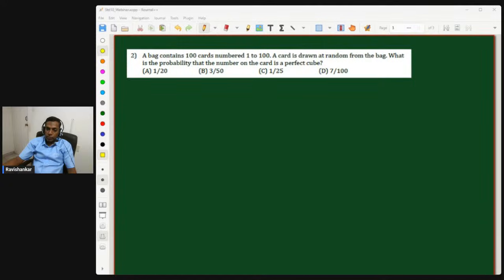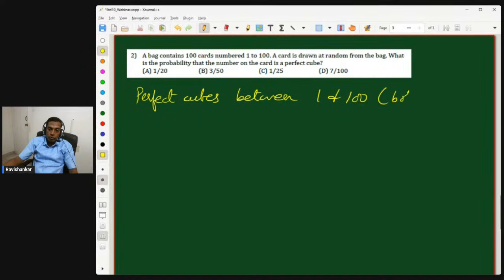Again, quite a few people have got this. So what are all the perfect cubes between 1 and 100, both included? Because the cards are numbered 1 to 100. So 1 itself is a perfect cube, which is 1 cube.